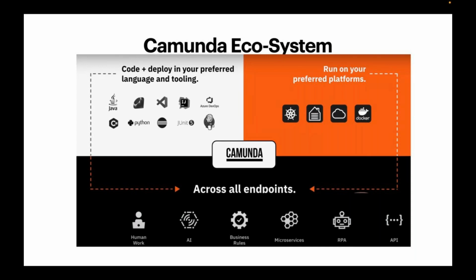And in Camunda 8, if you don't want to manage your environment, then there is support for a SaaS system as well, where organizations just have to take care of their development activity, but they can get rid of maintaining the infrastructure. So it's all cloud based.